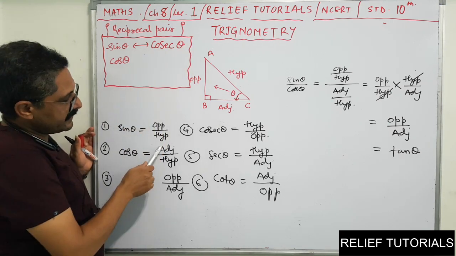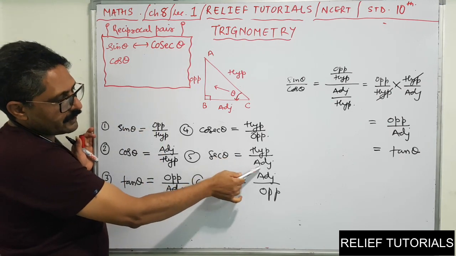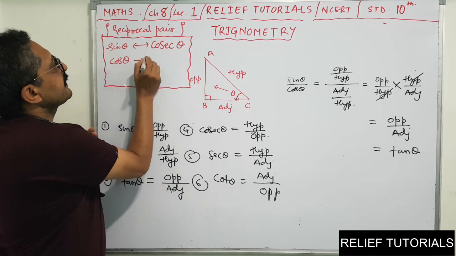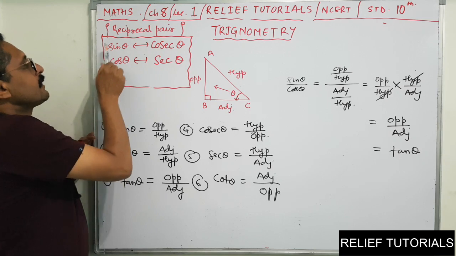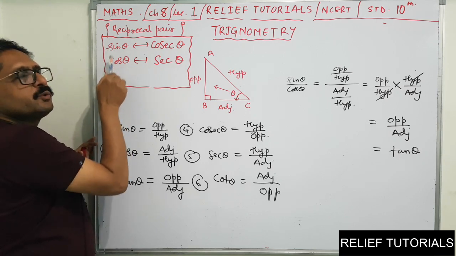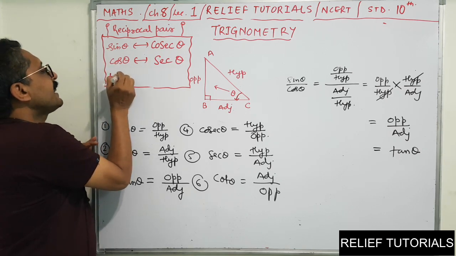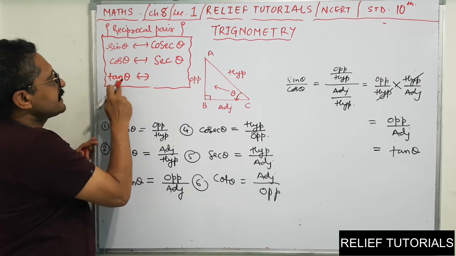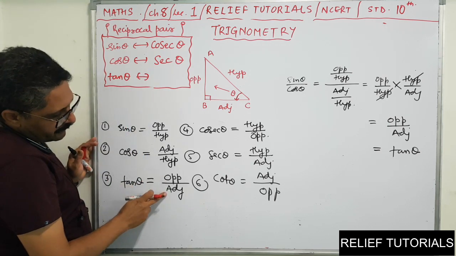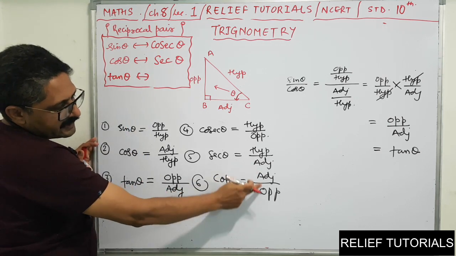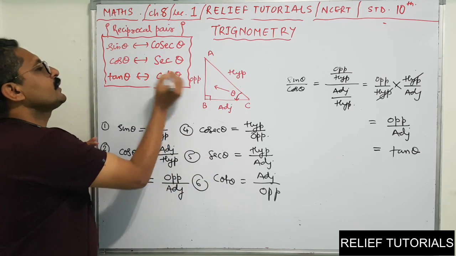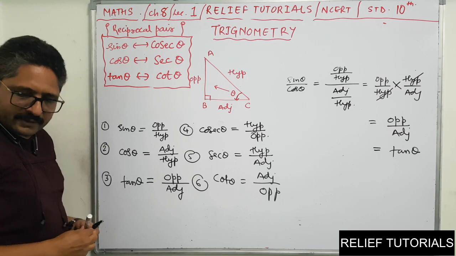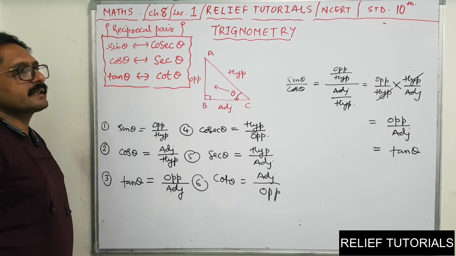Reciprocal of cos theta, adjacent upon hypotenuse, is hypotenuse upon adjacent, that is sec theta. And reciprocal of tan theta, that is opposite upon adjacent, is adjacent upon opposite, which is called cot theta. So you have to just remember these reciprocal pairs.